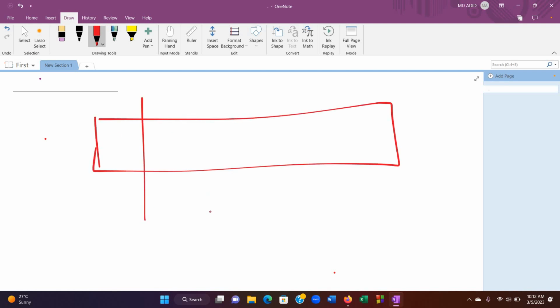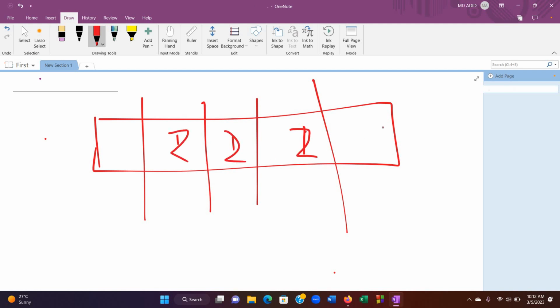What we're going to do is get rid of all the ones. If there's any 1 available initially, just increase it by 1. It becomes 2.